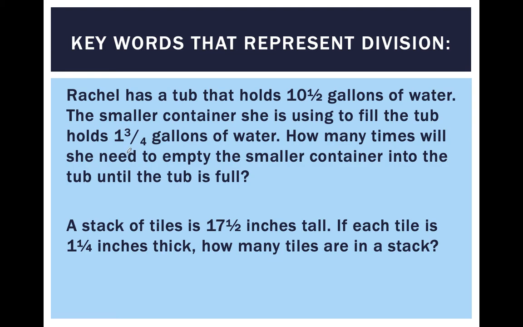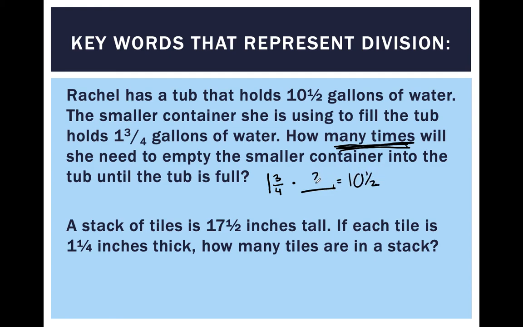This one can be a little bit tricky because the key terms here are how many times, which if you don't read it carefully, if you just look for the word times, you might think that's multiplication. But basically you need to know how many times you're going to fill that smaller bucket. So 1 3/4 times blank equals 10.5.